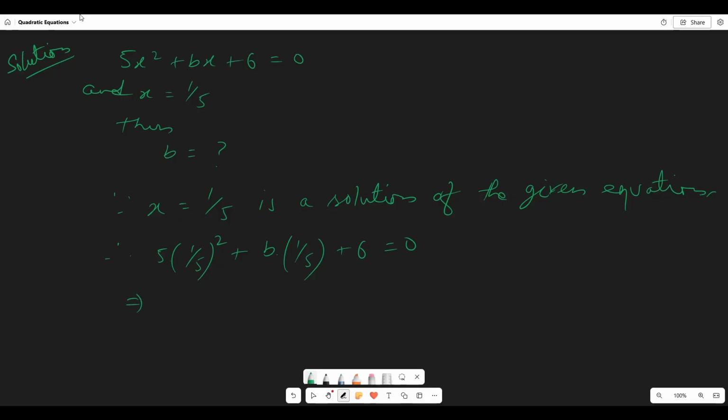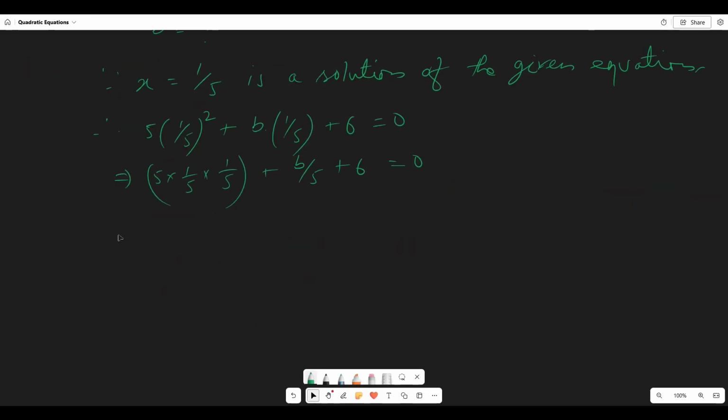It implies 5 into 1 by 5 into 1 by 5 plus b by 5 plus 6 equals to 0. So what will happen here? This 5 and this 5 will be cancelled, so this will become 1 by 5 plus b by 5 plus 6 equals to 0.